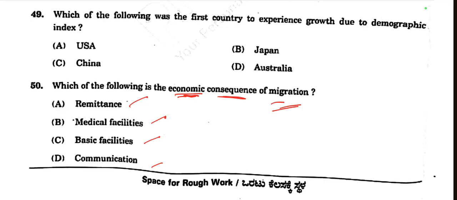Economic consequence is remittance, but medical facilities, basic facilities, communication, these are not economic consequences. Option A is the right option, because remittances are money or goods that migrants send back to their families and friends in their home countries. So option A is the right choice.